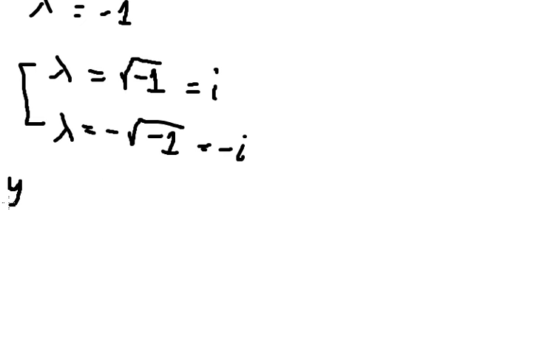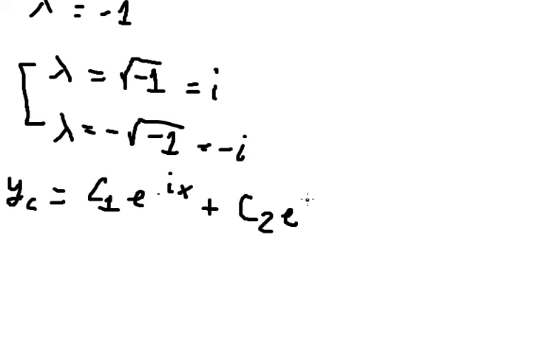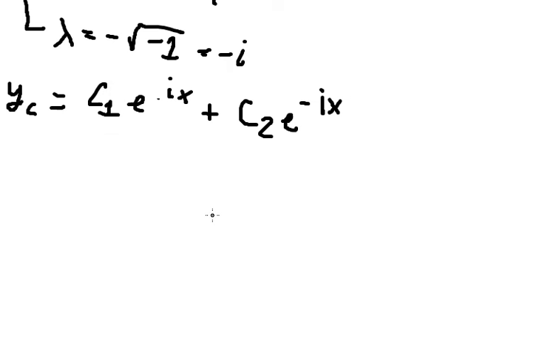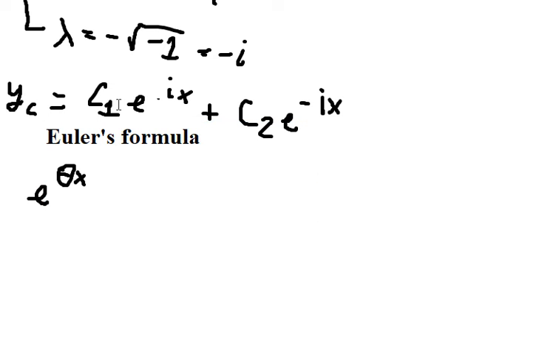And we have yc equals c1 e to the power of lambda s. And now we need to change lambda into i. So we put i here. And we have c2 e to the power of negative is. So for this one, we can apply this formula in here. This is Euler's formula, which is used with complex numbers.